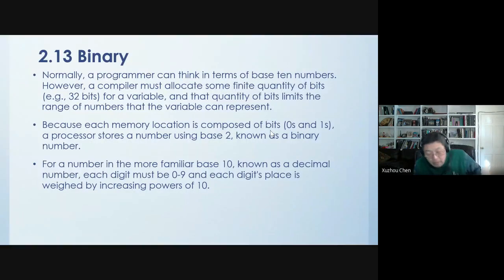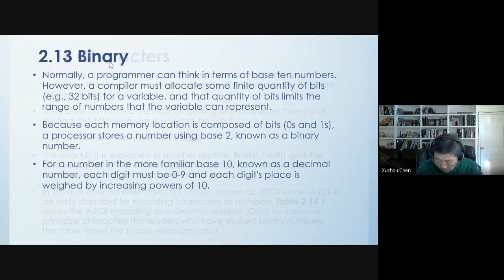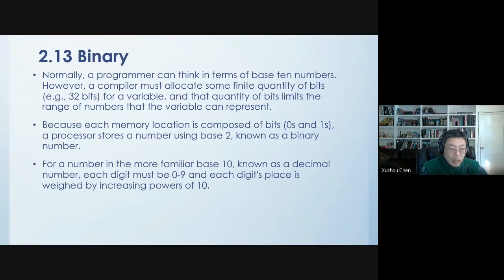Okay, now let's get back to chapter 2. 2.13, if you look at the zyBook, is binary. We're not going to spend much time on binary, but you should at least have some knowledge of it.